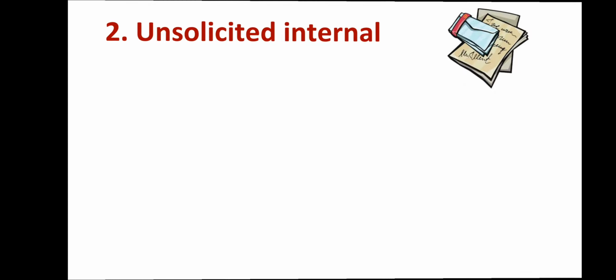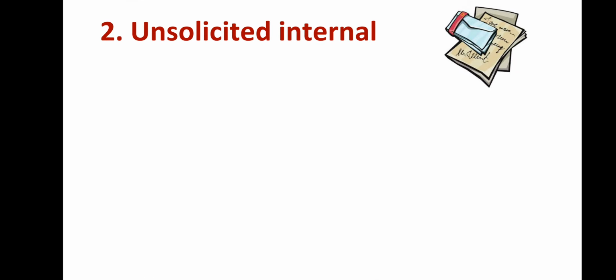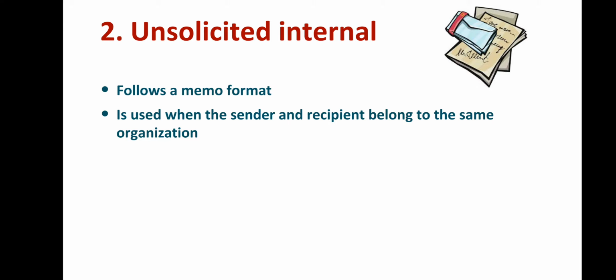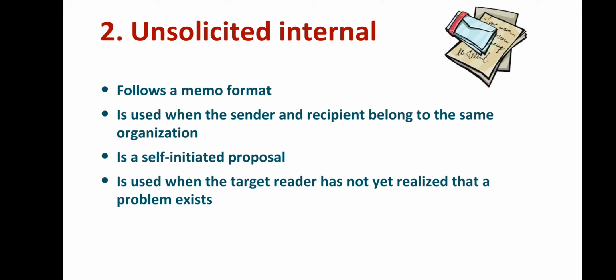Let us proceed with unsolicited internal. With the unsolicited internal class, it is following still a memo format, is used when the sender and recipient belong to the same organization, is a self-initiated proposal. Is used when the target reader has not yet realized that a problem exists.